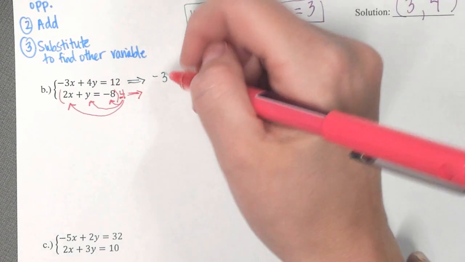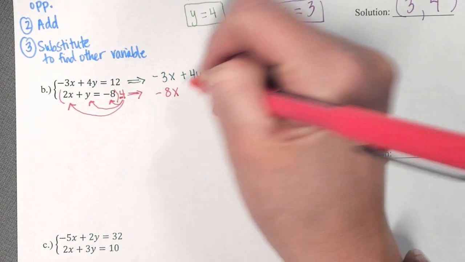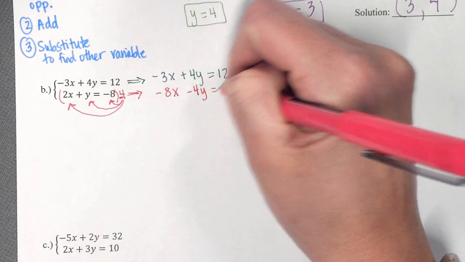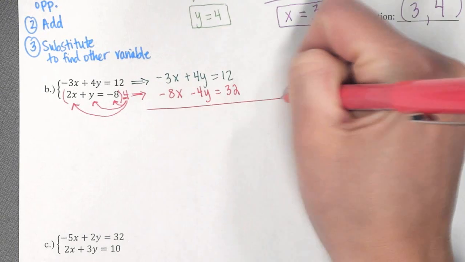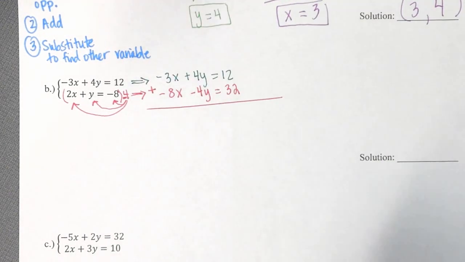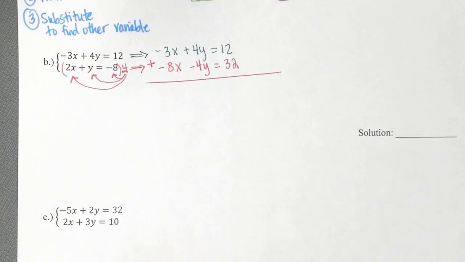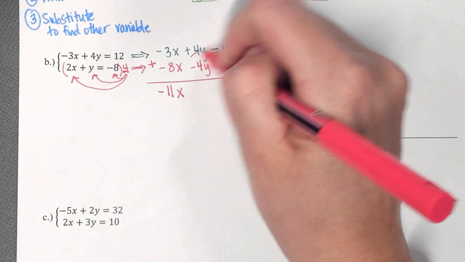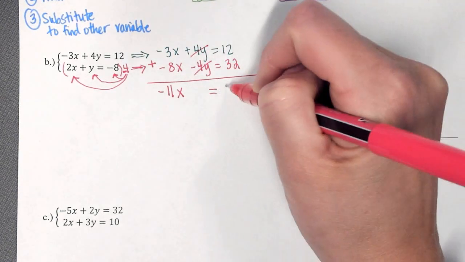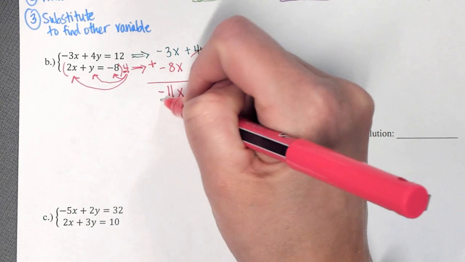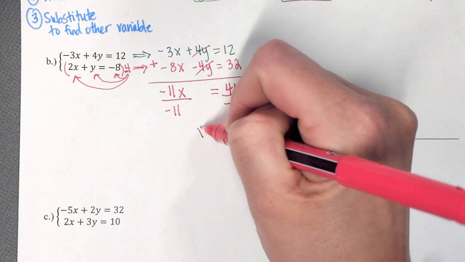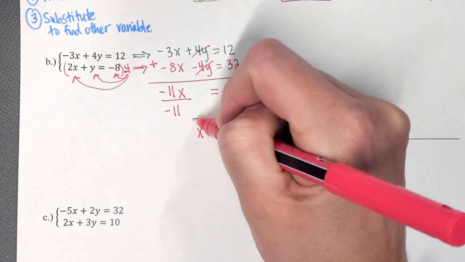You guys did a good job multiplying. -8, -4y, +32. Okay, so then if you have -11x, these should cancel. And then you divide by -11, and you should get -4.